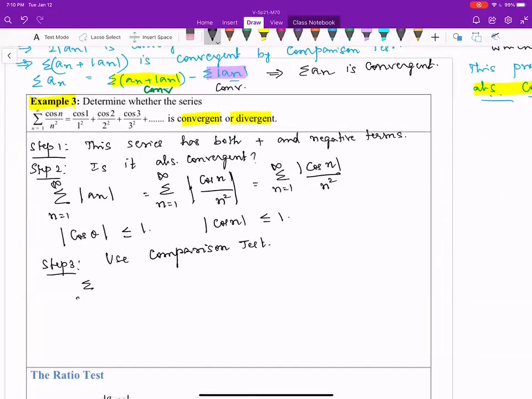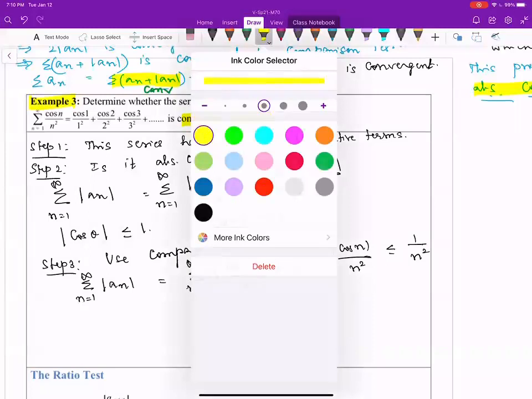So let's use comparison test. Sigma absolute a_n, which is equal to sigma n varying from 1 through infinity of absolute cosine n over n square. And here, absolute cosine of n over n square is less than or equal to 1 over n square. Why?